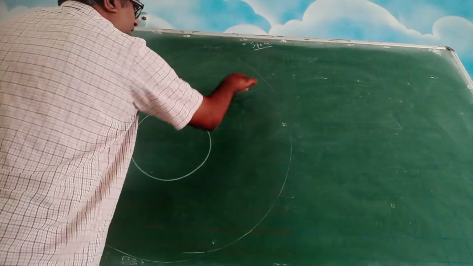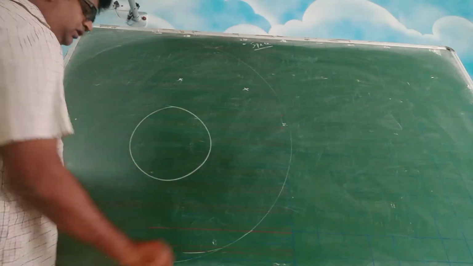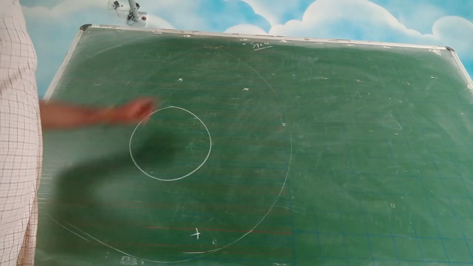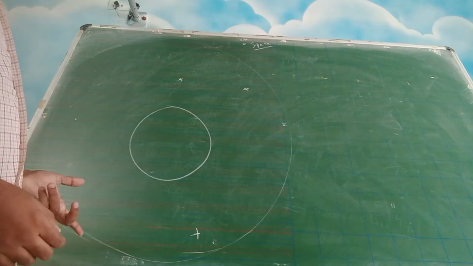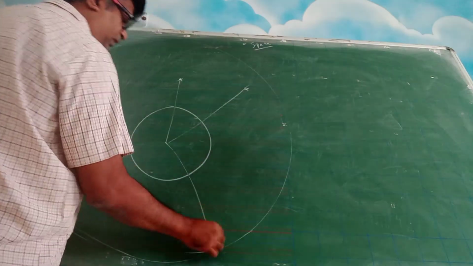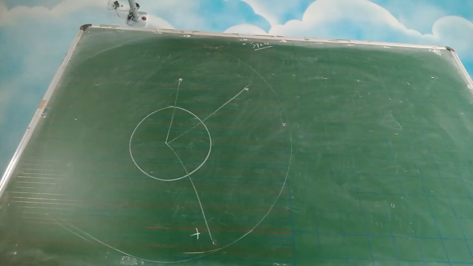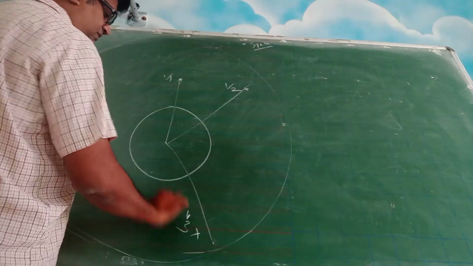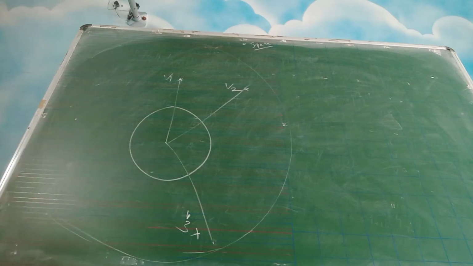If you bring it here, it will have some other potential. Every point doesn't have the same potential, because every point's distance is different. So this potential can be V1, this can be V2, this can be V3.